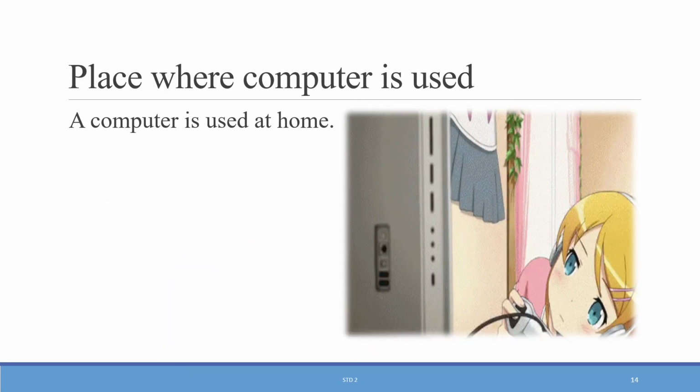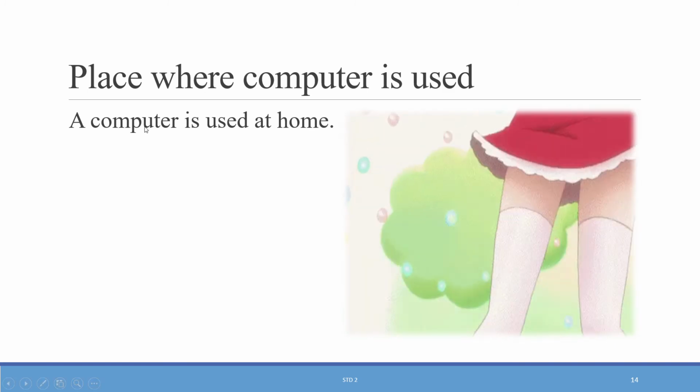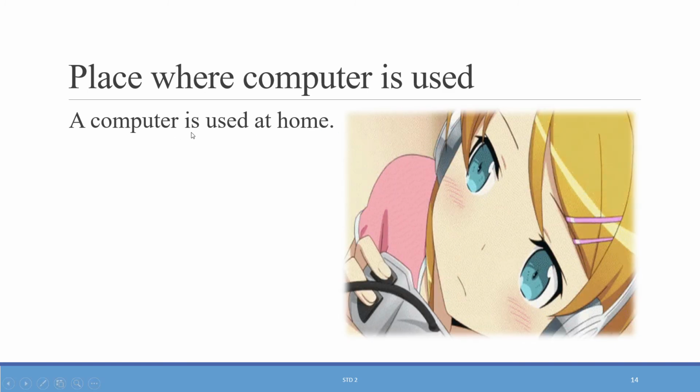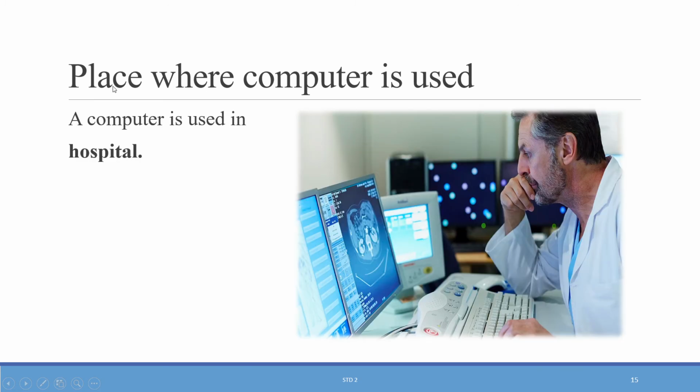The first is, see here, the computer is used at home. Now the second, a computer is used in a hospital. See this picture, the doctor is using the computer to monitor the patient's condition, right?